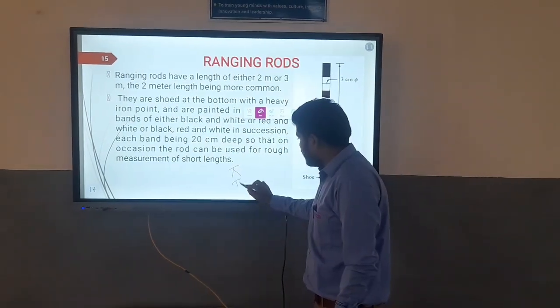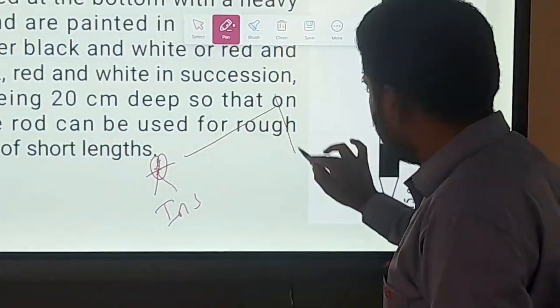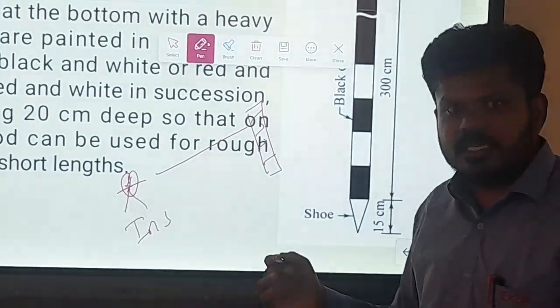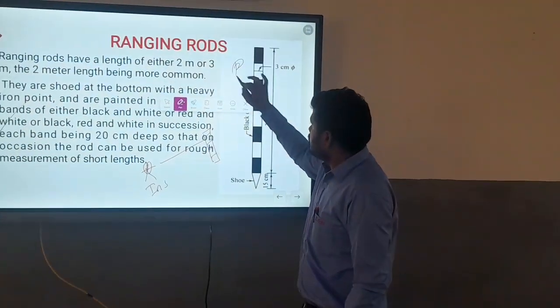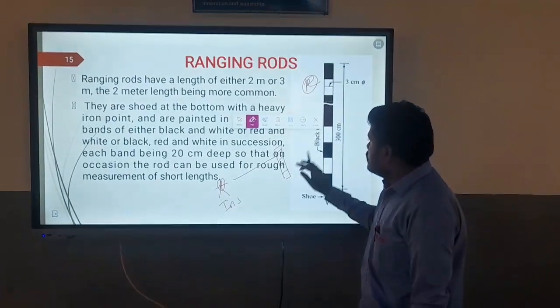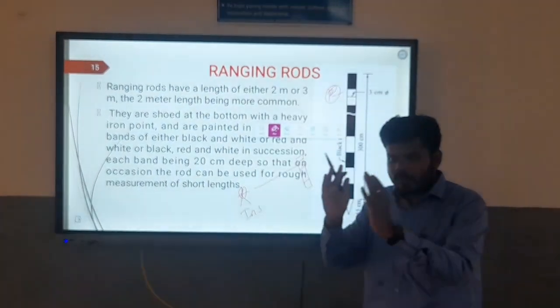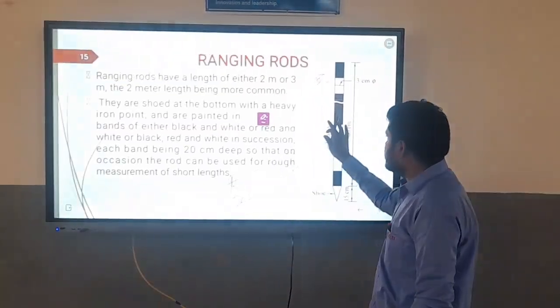This is the instrument point, and we place the ranging rod here. For focusing on the area we are going to measure accurately, we place the ranging rods here.